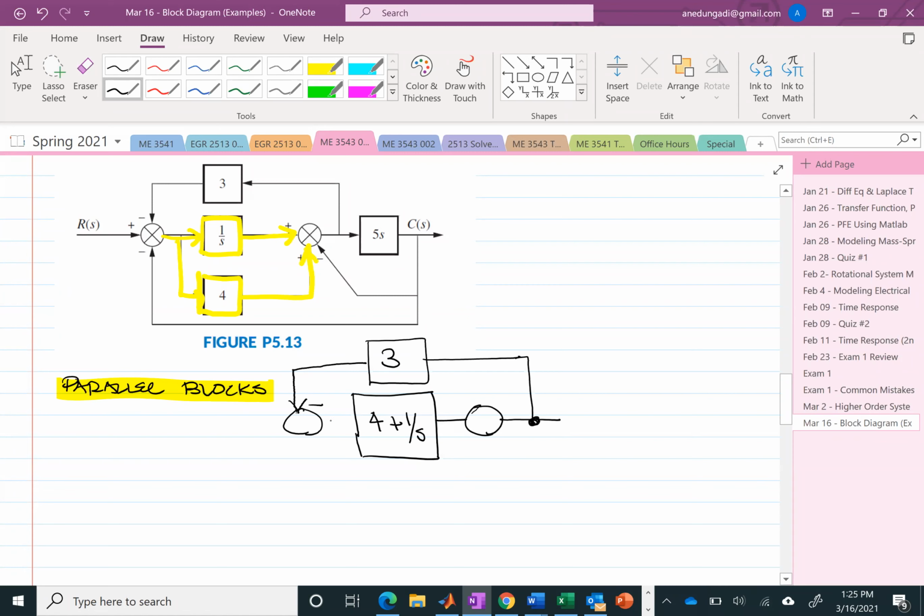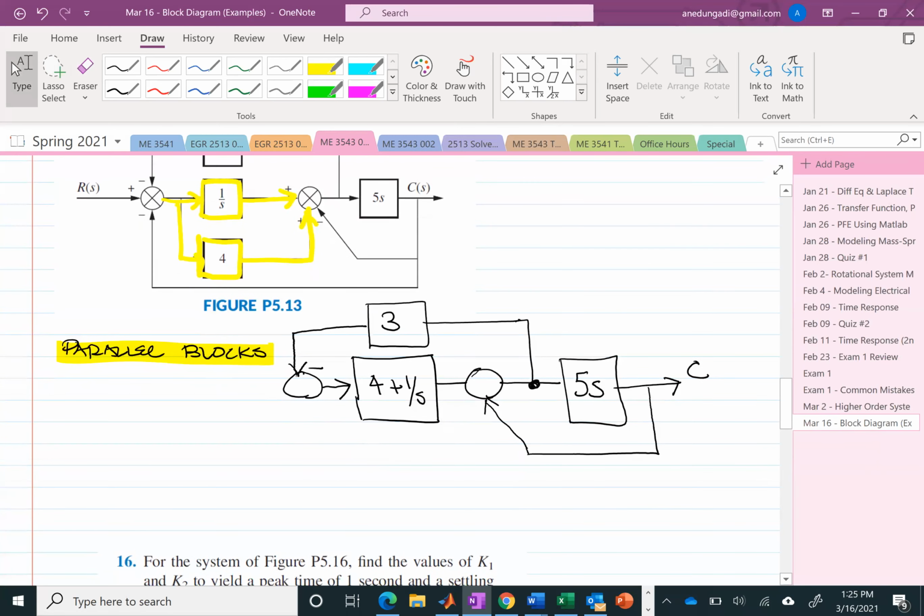Please stop me at any time, okay? I have this. And then I have 5s. I have C. Then I have a feedback going from there to there. And then I have another feedback going all the way up to here.